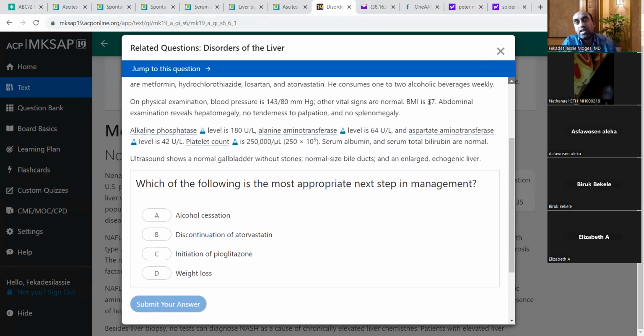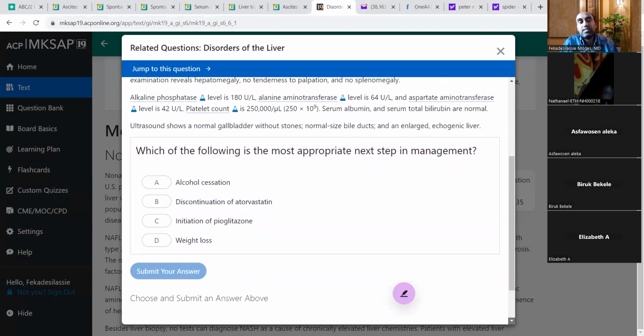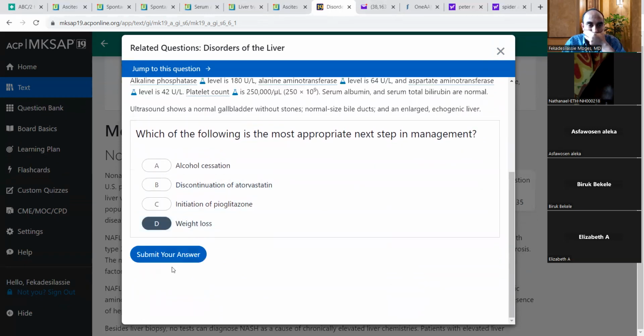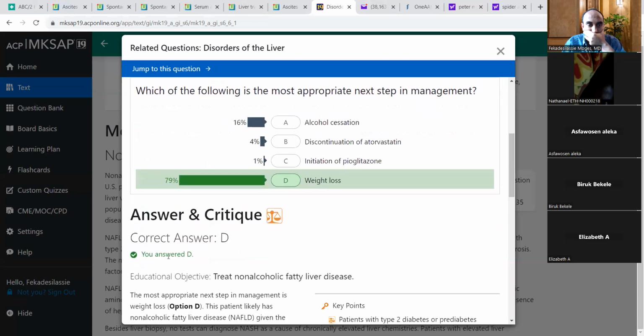BMI 37 means he has class 2 obesity. Okay. No, that's right, I go with the fatty liver disease as well. So, weight loss. Excellent. You got it.